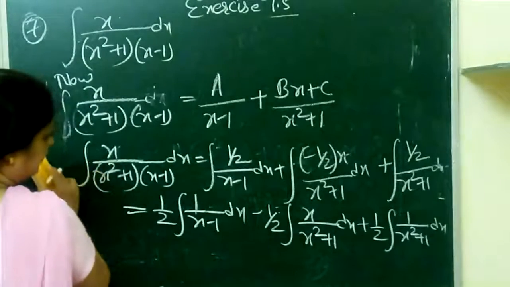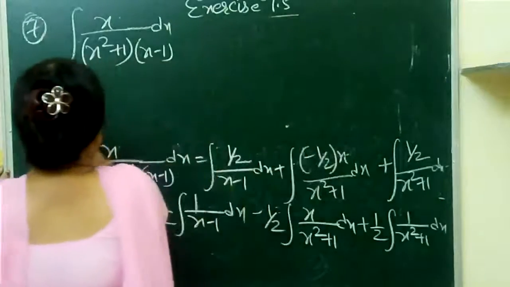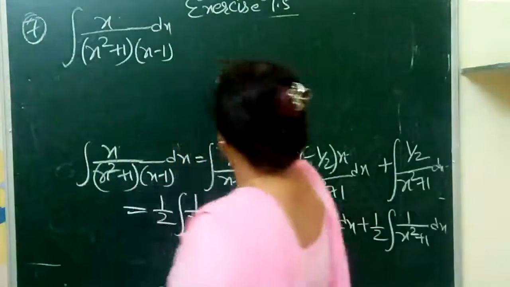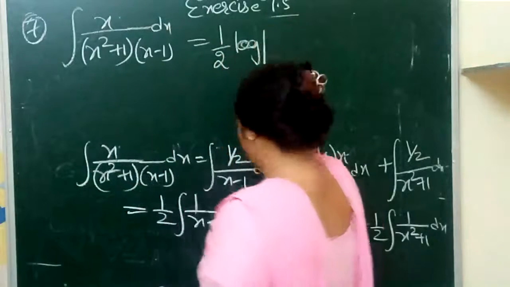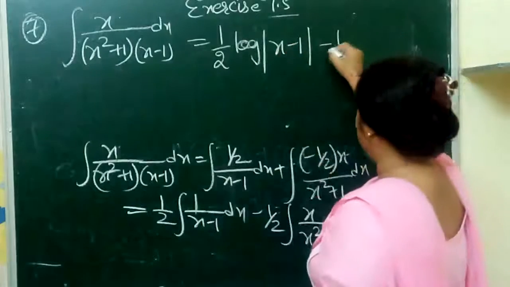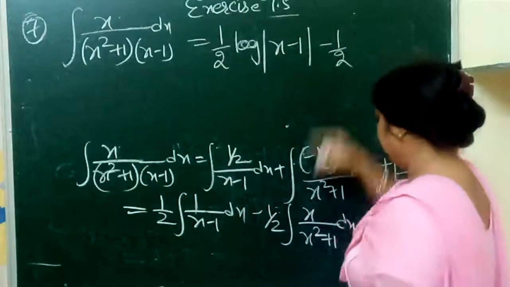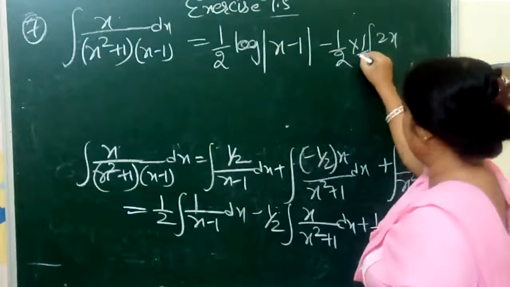After this step it will come 1 by 2 log mod x minus 1 minus half of, we will multiply this term with 2x and divide with 2.